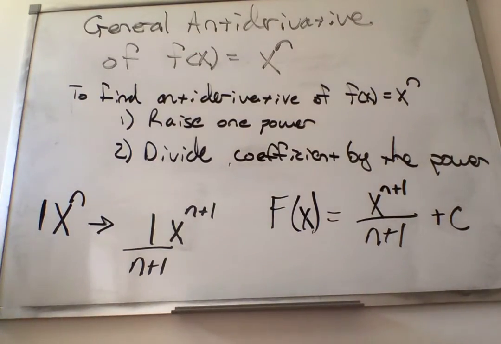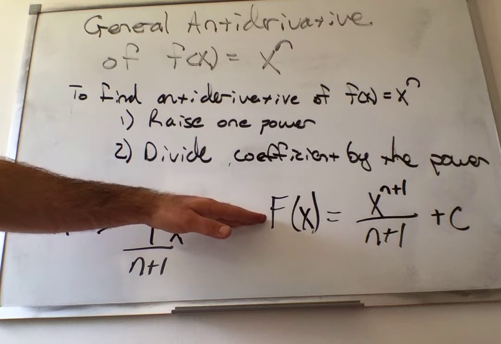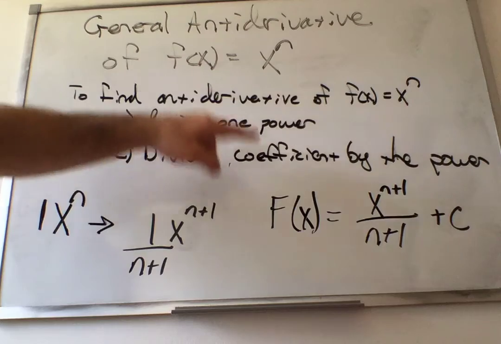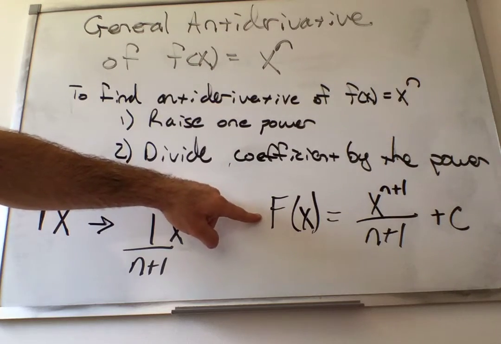Okay? Now, if you were to think about taking the derivative of this, let's go ahead and check. Let's check our work. If I take the derivative of this, and I get back this little f of x, I have the correct antiderivative.